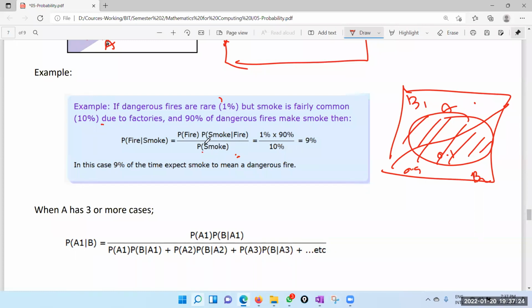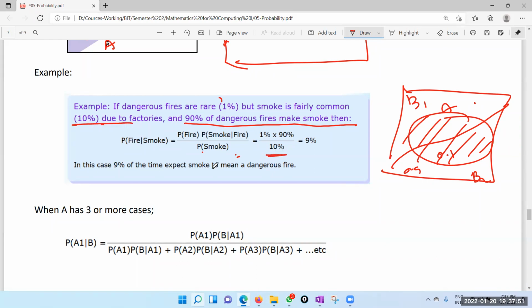The probability of fire is 1%, 0.1, times the probability of smoke given fire. 90% of dangerous fires make smoke, so 0.9, divided by the probability of smoke, 10%. Okay.